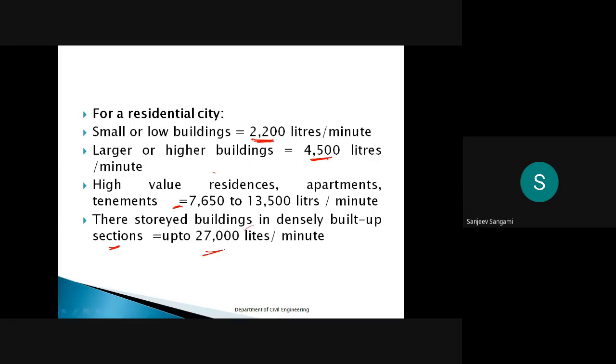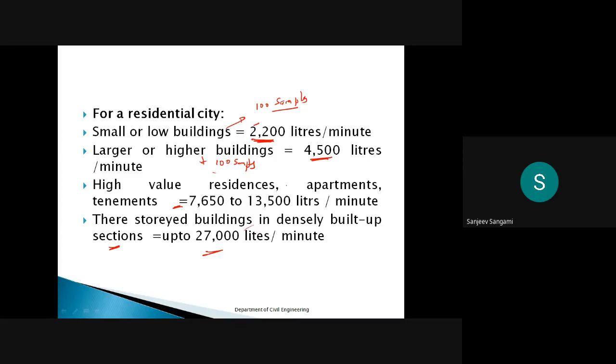These are the values they arrived at by considering different types of cities. They calculated with samples, for example 100 samples of small and low buildings, and arrived at this value. They again considered 100 samples of larger and higher buildings and arrived at this value.